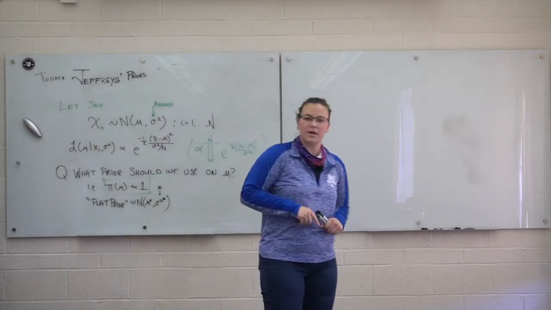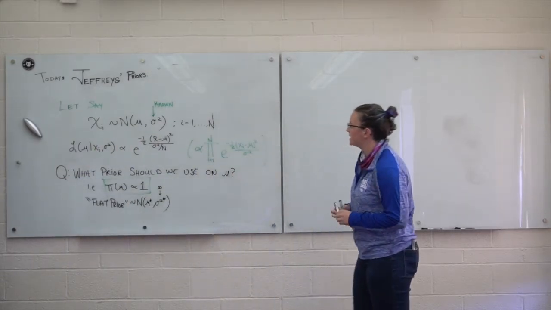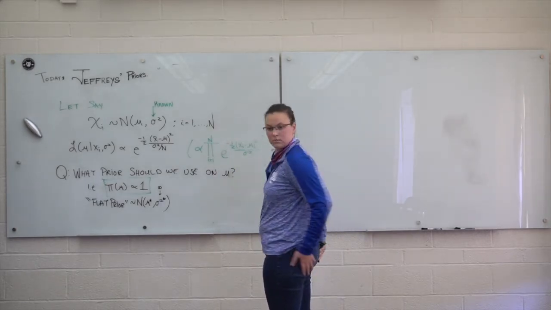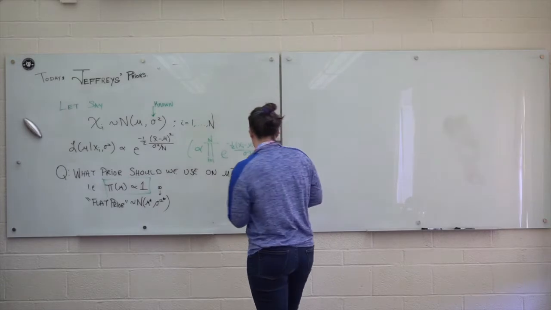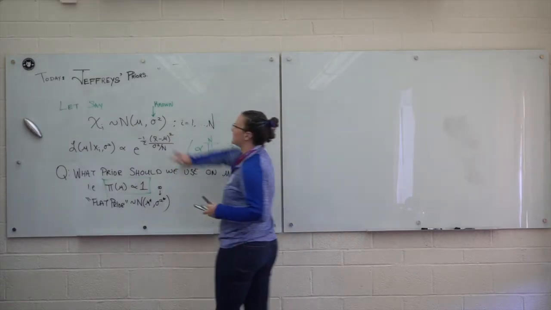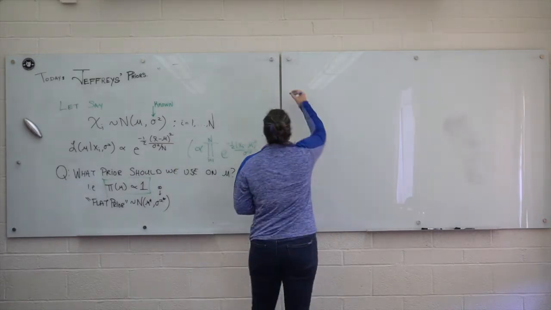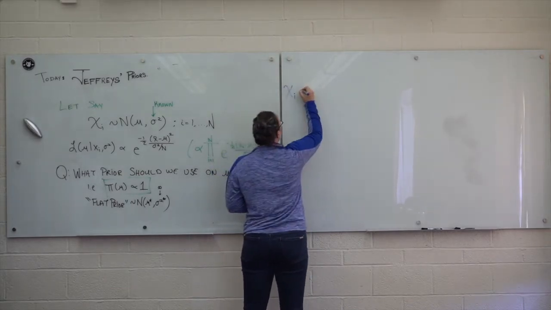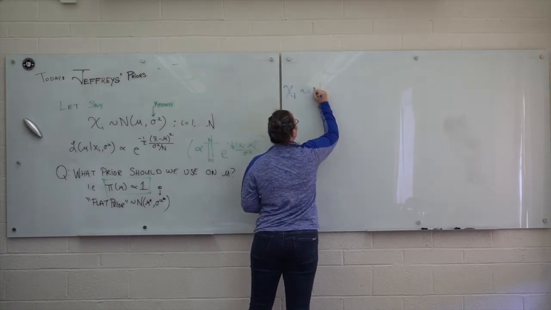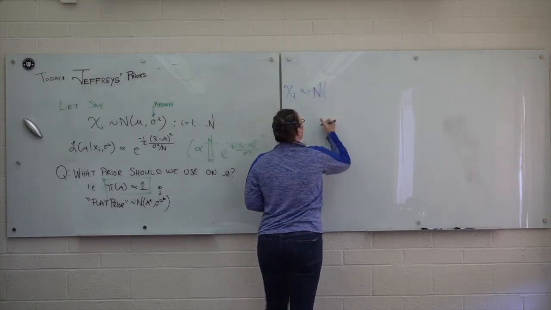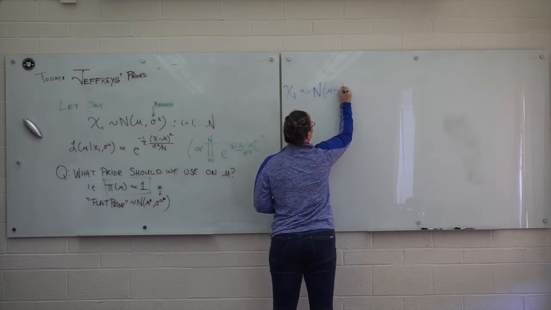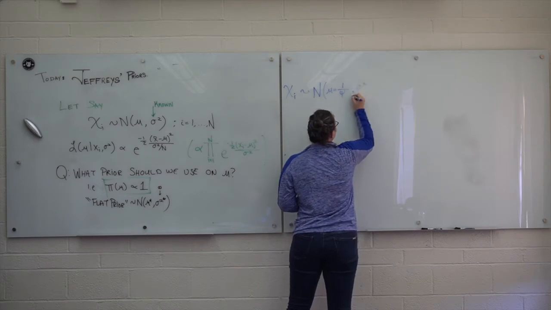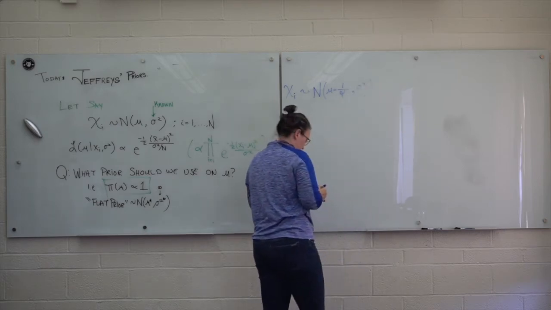If I had someone come in right now, can't because of COVID, and they said, I want to do a different color. They don't like this parameterization. What they like is x_i follows a normal where our mu is 1 over psi, and then our variance is still known.